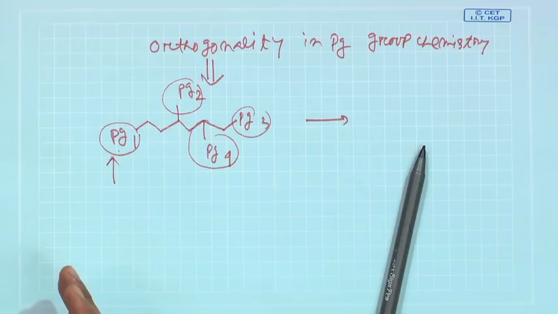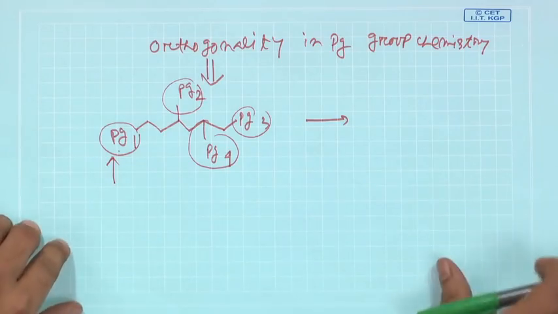Sometimes, if you are dealing with very complex molecules, you might have 10-12 protecting groups in a given intermediate, and it is often very difficult to find the optimum condition to deblock any particular protecting group. In those cases, your effort will mainly be optimizing the reaction condition to find the best orthogonal condition to deblock these groups.